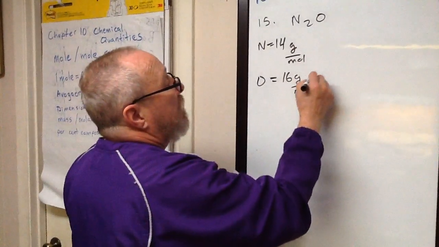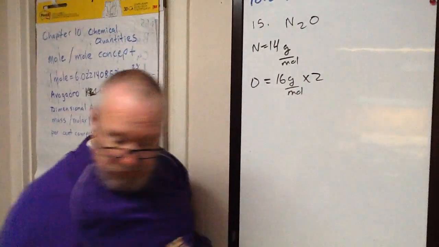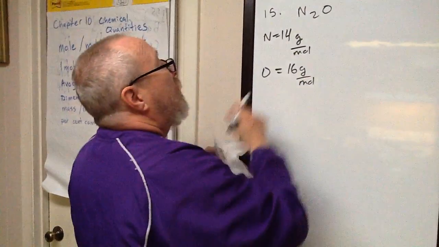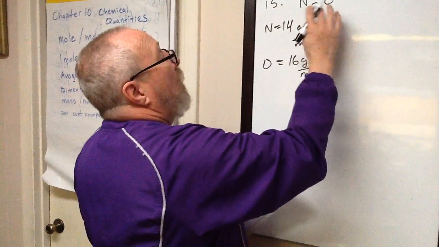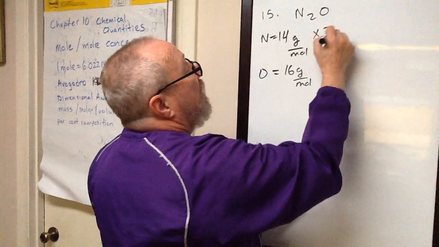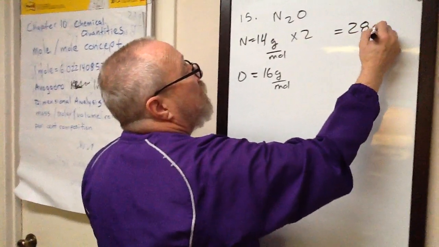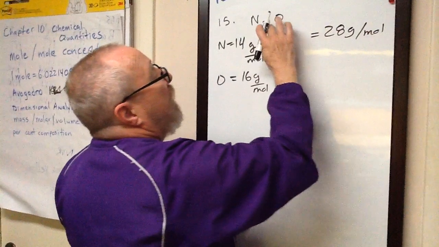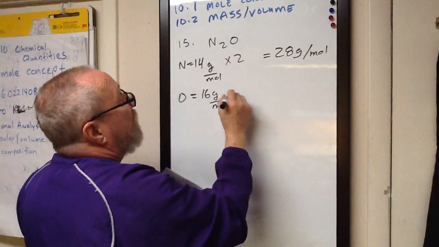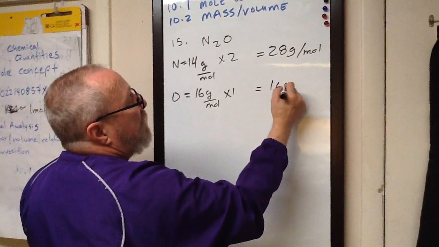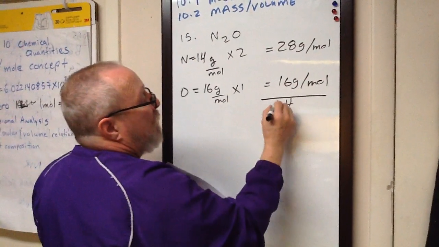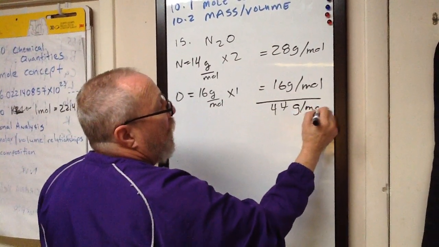There are 2 nitrogens, so for the nitrogen, I have 28 grams per mole of the N2O. And for oxygen, I have 16 grams per mole. So my total molar mass is 44 grams per mole.